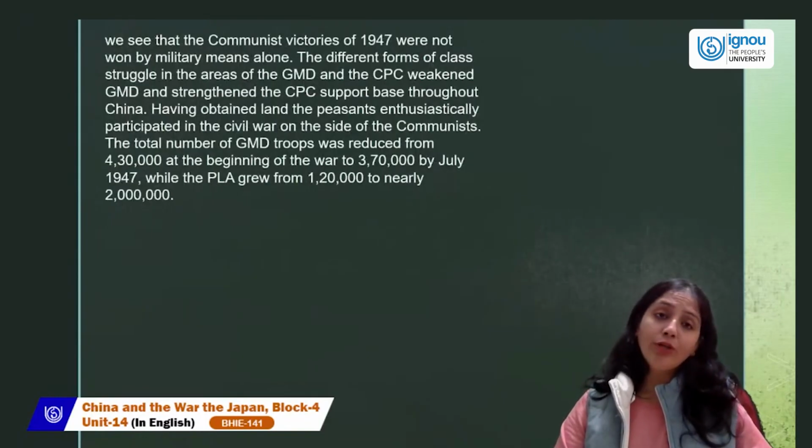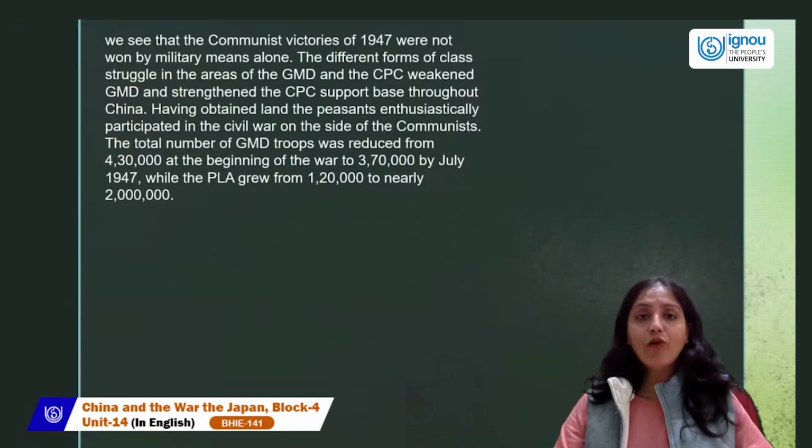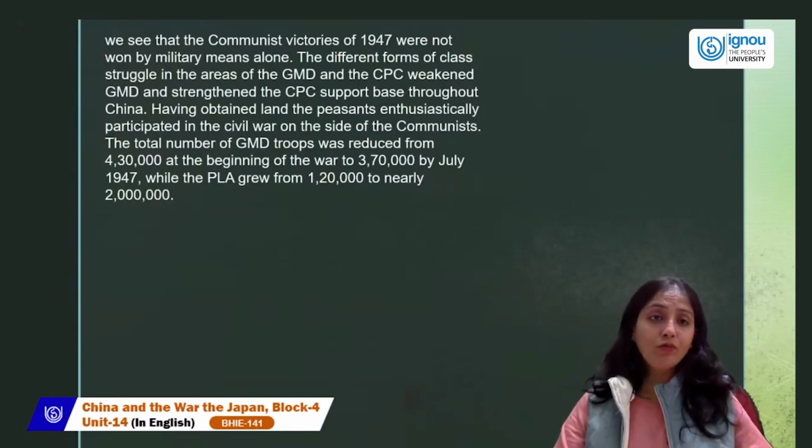We see that the communist victories of 1947 were not won by military means alone. The different forms of class struggle in the areas of the Guomindang and the CPC weakened the Guomindang and strengthened the CPC support base throughout China.